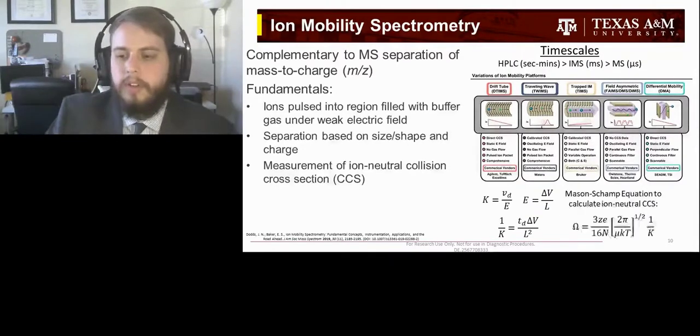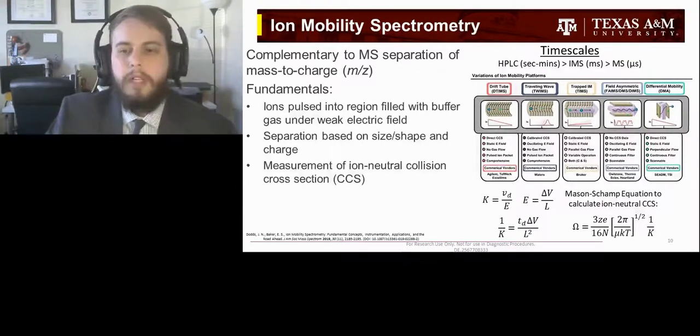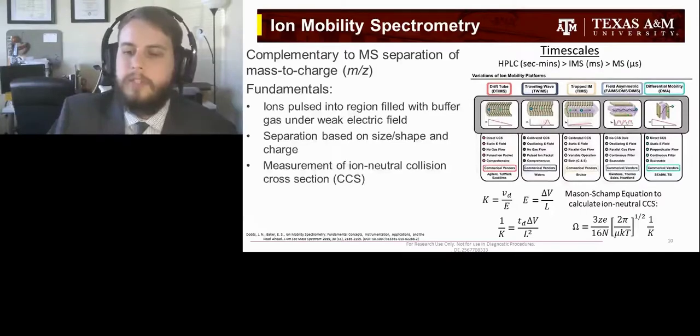If we take it one step further, we can combine this with what's referred to as the Mason-Schamp equation to calculate ion-neutral collision cross-sections, where the CCS, as the omega term, is dependent on the charge z of the ions, the number density of the drift gas N, the reduced mass mu between the ion and the drift gas, the temperature, and then that inverse mobility term that was defined previously. This is one of the fundamentals of drift tube ion mobility: you're able to calculate these from first principles.